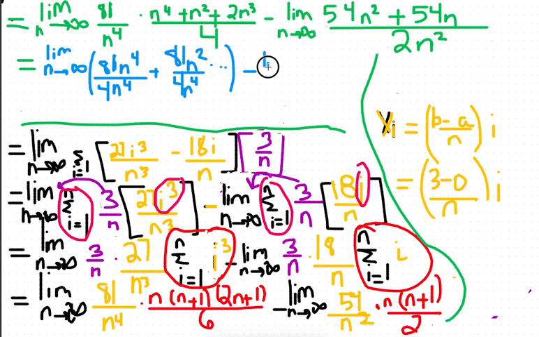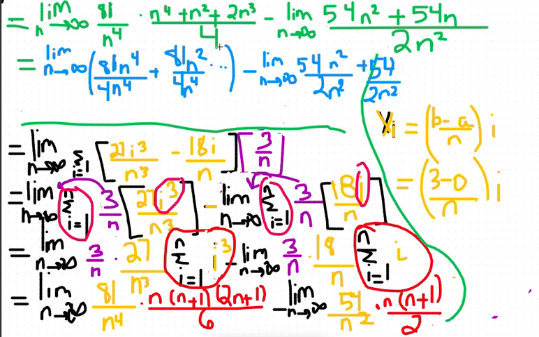minus the limit as n approaches infinity 54n squared over 2n squared plus 54 over 2n squared. Okay?